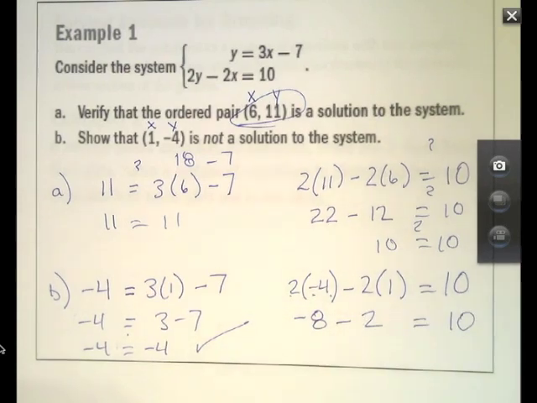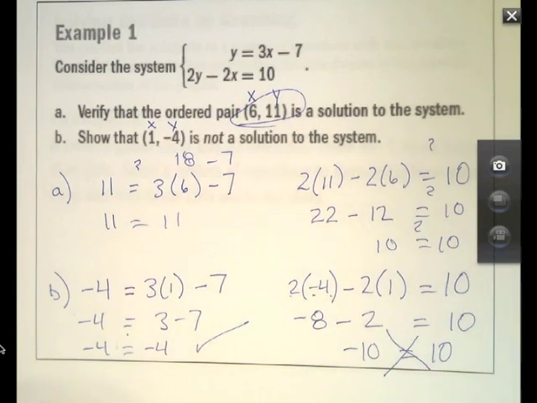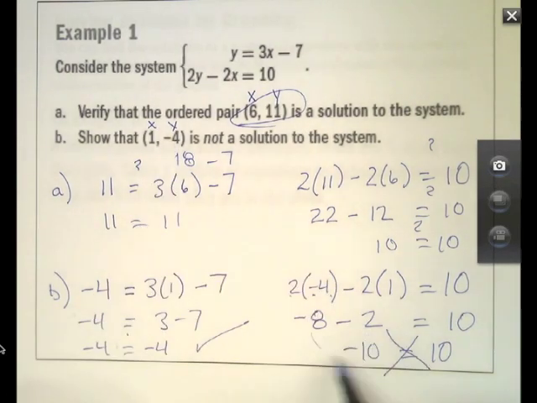Negative 8 minus 2 is negative 10. Does negative 10 equal 10? No. So we showed that 1 comma negative 4 is not a solution because it did not work for this equation. It worked for the first one, but not for this one. It has to work for both of them in order for it to be a solution.